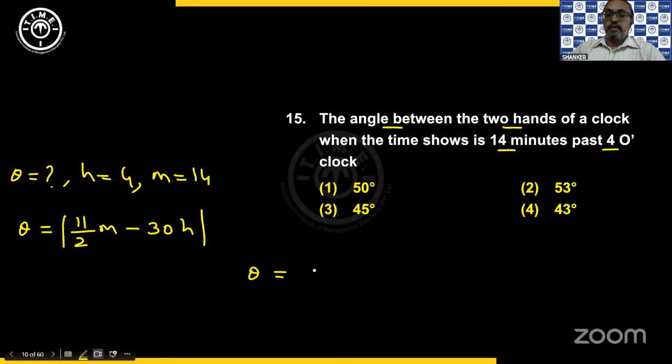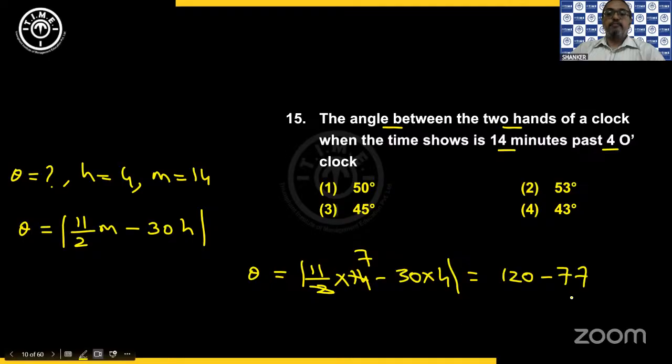So we substitute. Theta is 11 by 2 into 14 minus 30 into 4. So 2 goes 7 times. So within modulus, because theta can never be negative. So this is 120 minus 77 after we reverse it, because we are putting modulus. So 120 minus 80 is 40.